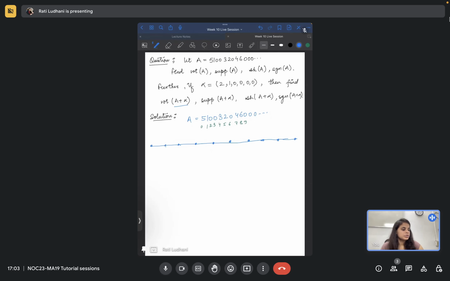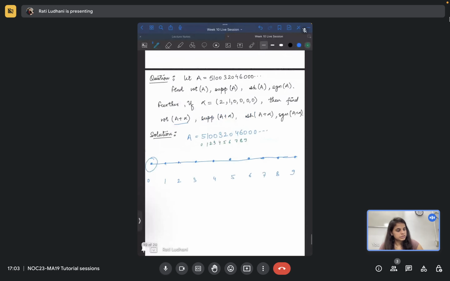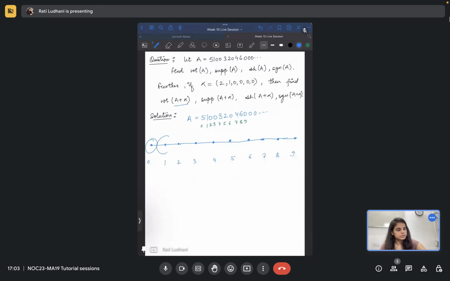So this is the 0 position, then 1 2 3 4 5 6 7 8 9. The non-zero positions are 4, and then 5, and then 7, and then 8, 9, and everything else is 0.